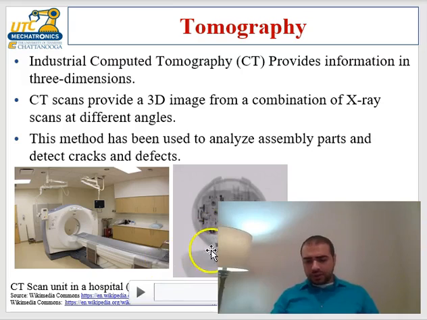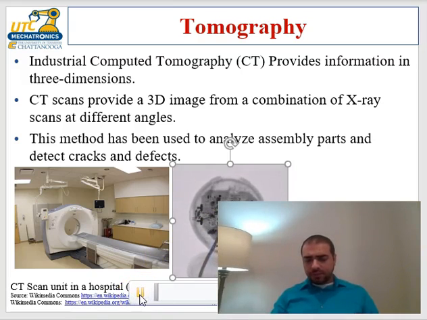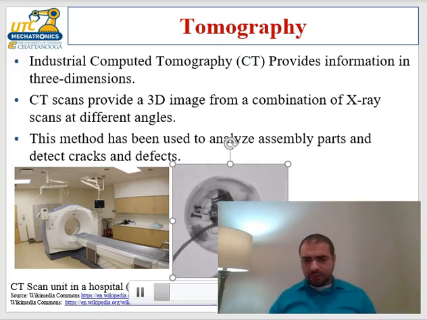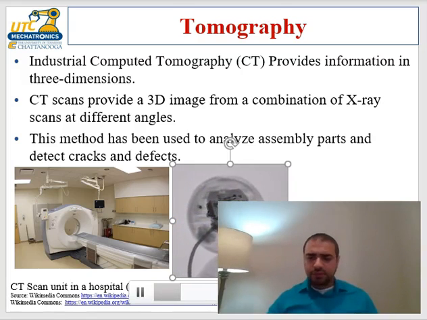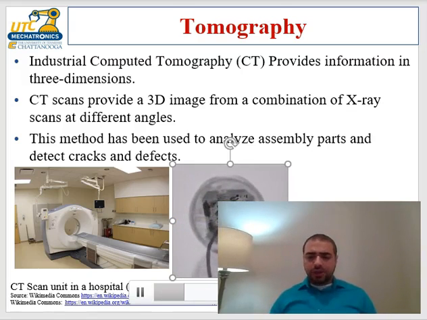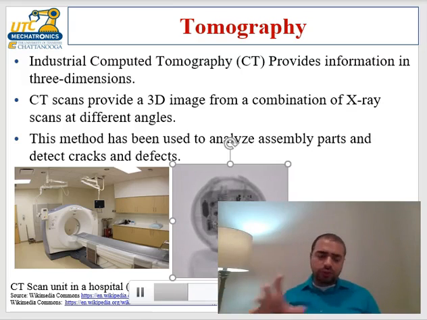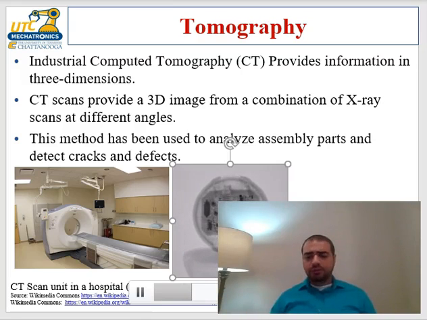Let's look at this here. I think there's a video. So this is a CT scan of a webcam. Look at the circuits inside. Do you see these circuit parts? It's a webcam, and now you can see the internals of the webcam using a CT scan.